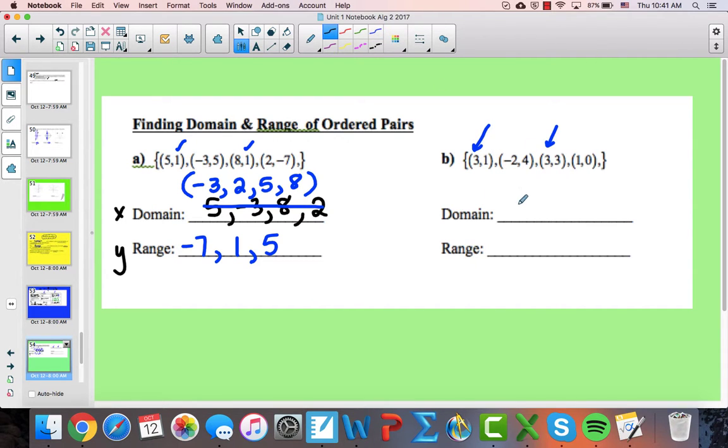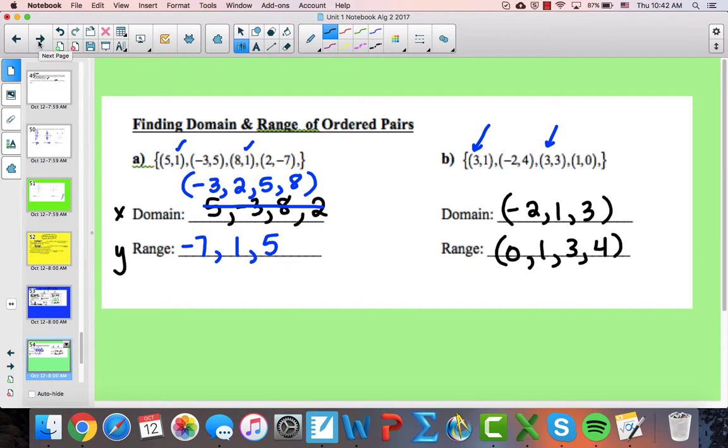So my domain here would be -2, 1, and 3. And my range would be, we've got no negatives there, so 0, 1, 3, and 4. The good news with domain and range of ordered pairs is it doesn't have to have the same number of units in the set. This one has 4 in its set, and this one has 3.